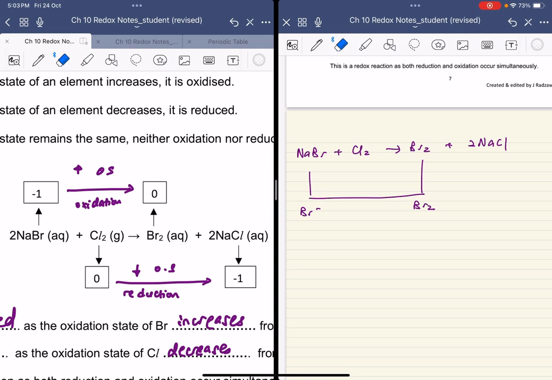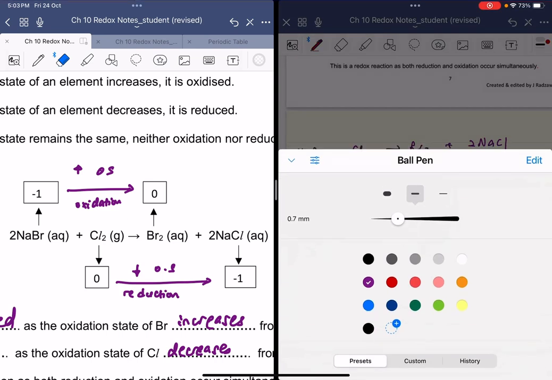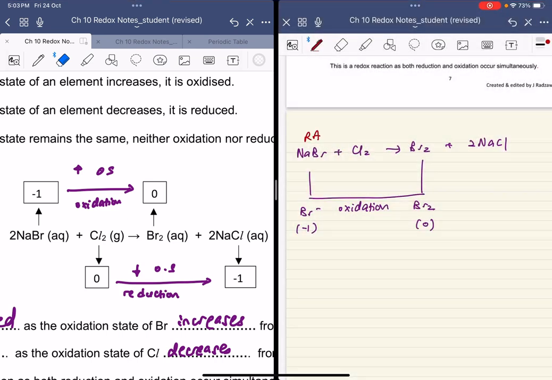This is a -1. This one is a 0 charge. I call it an oxidation. So itself is oxidized. I will call this a reducing agent because it reduces the chlorine.